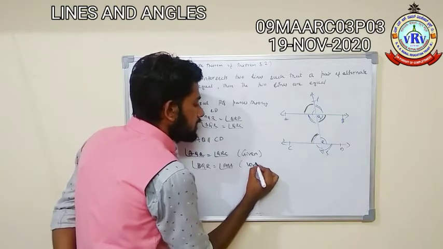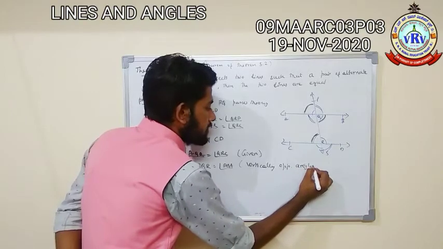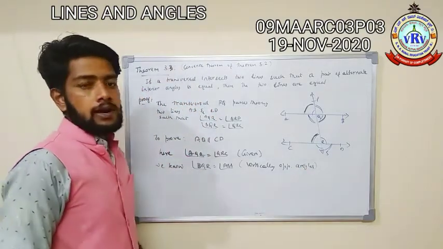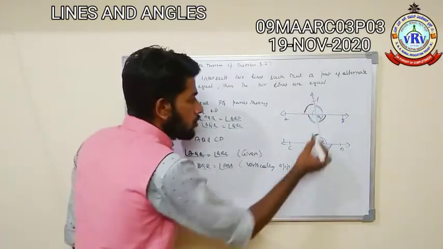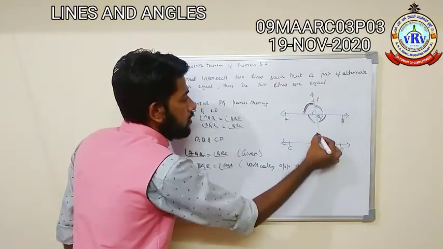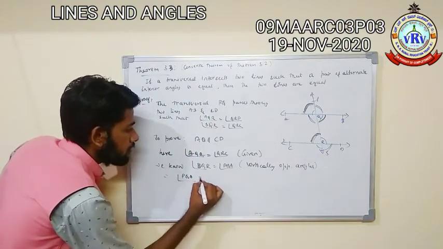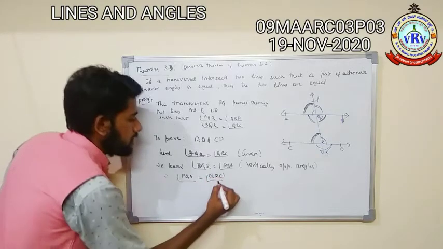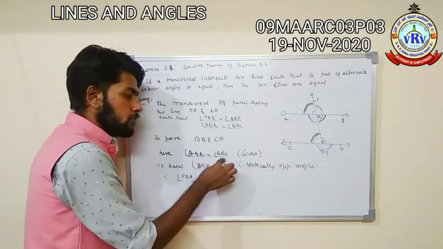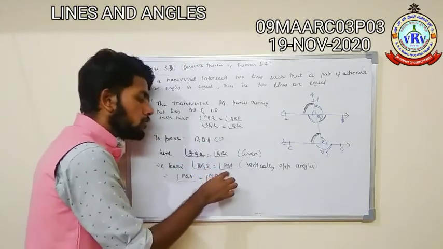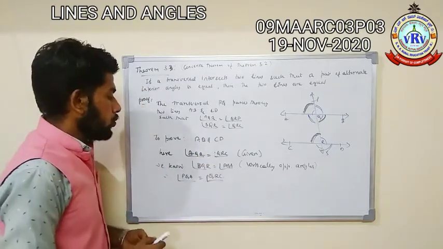Because they are vertically opposite angles. Vertically opposite angles are always the same if two lines are intersecting each other. Then you can say that angle PQA is equal to angle QRC. From these two, BQR is equal to QRC, BQR is also equal to PQA. So angle QRC is equal to angle PQA.